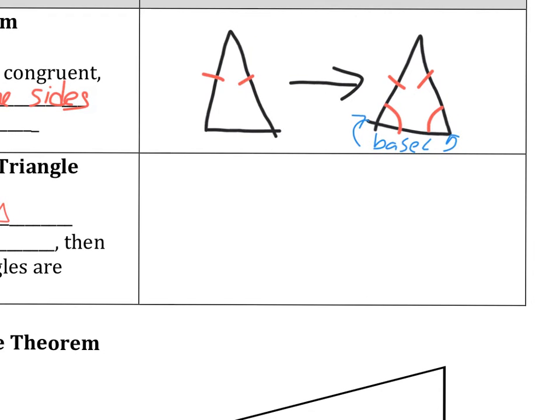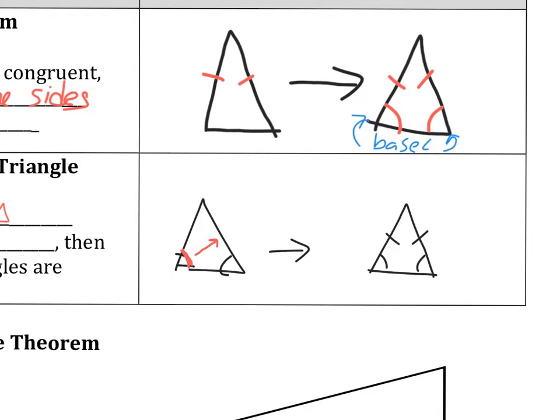We start with the idea of congruent angles like this, and it takes us to also congruent sides. The opposites are going to be congruent. Again, let's be clear about what I mean by opposite. If I'm talking about this angle right here, opposite is directly across, so I'm talking about this side here.